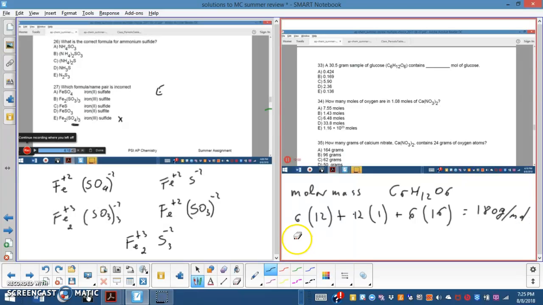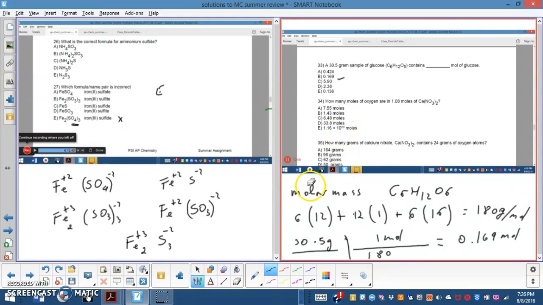So now you do have your 30.5 grams. And when you use the chart, or you just do it because you know it, this is 180 grams in 1 mole. So that gives you 0.169 moles as an answer. And that means your answer is B. Okay.